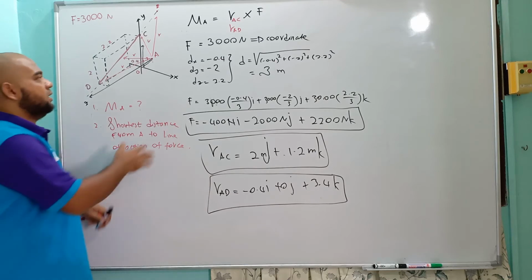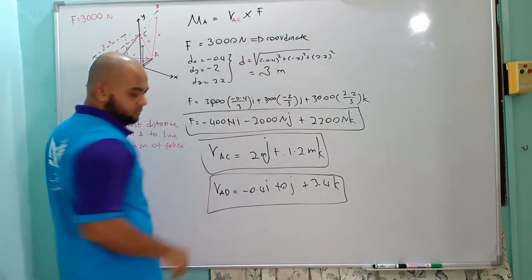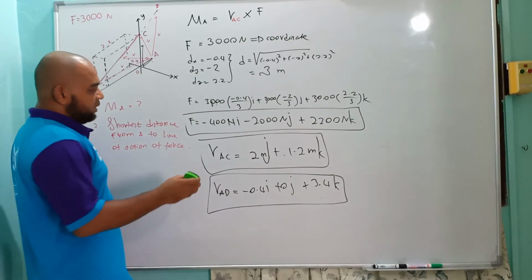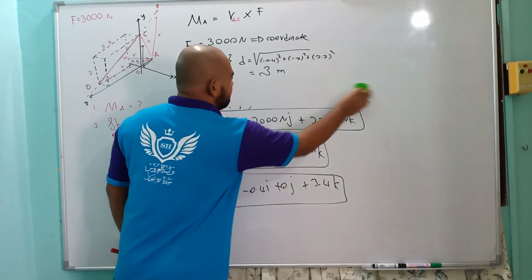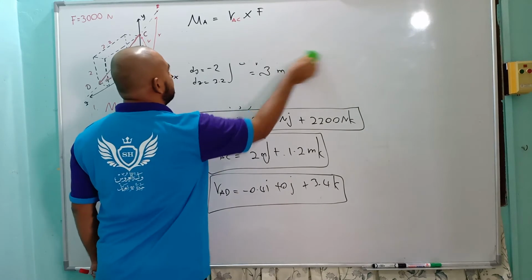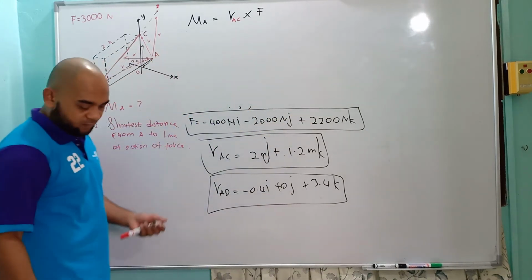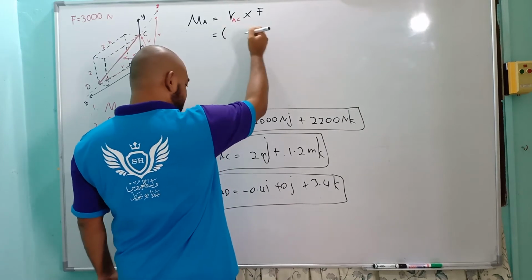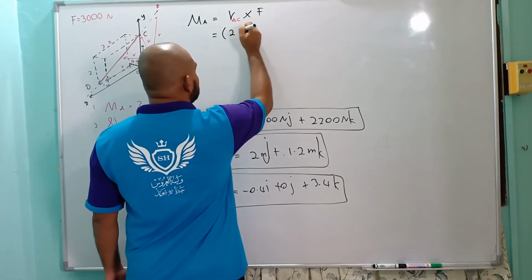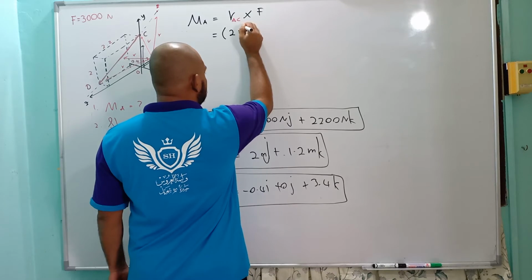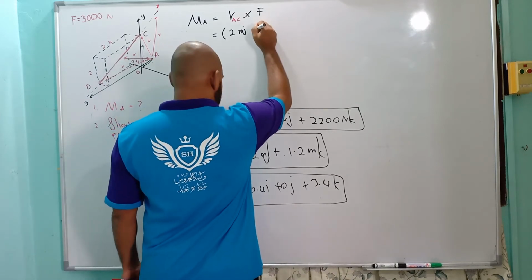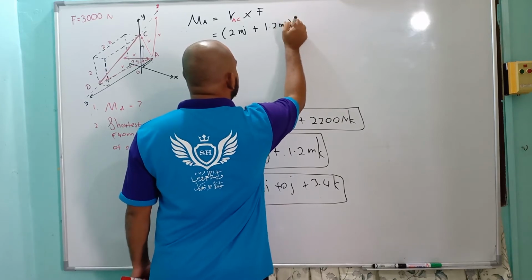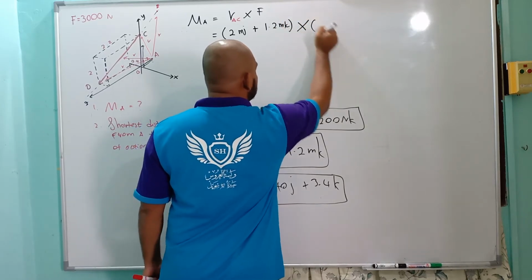Okay, so maintain to the RAC. RAC, I can eliminate this up. Okay, so this one will become equal to R 2 meter J plus 1.2 meter K cross.